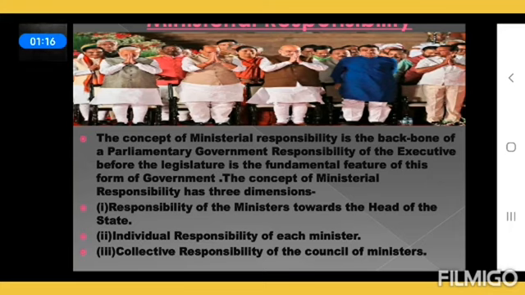Now what do you mean by vote of no confidence, students? By this no confidence motion, the legislature can withdraw its support to the government and it leads to the resignation of the government.